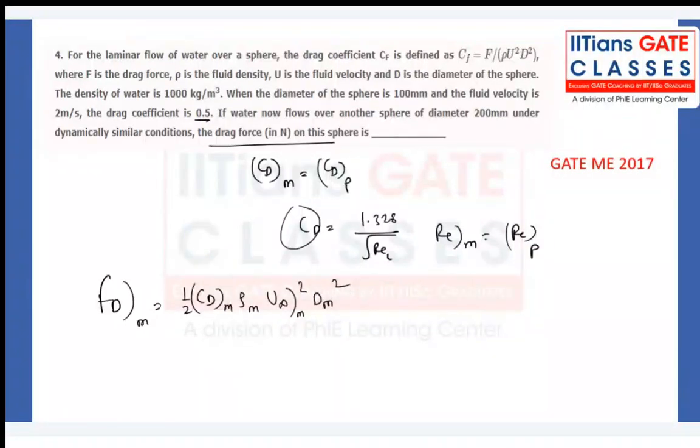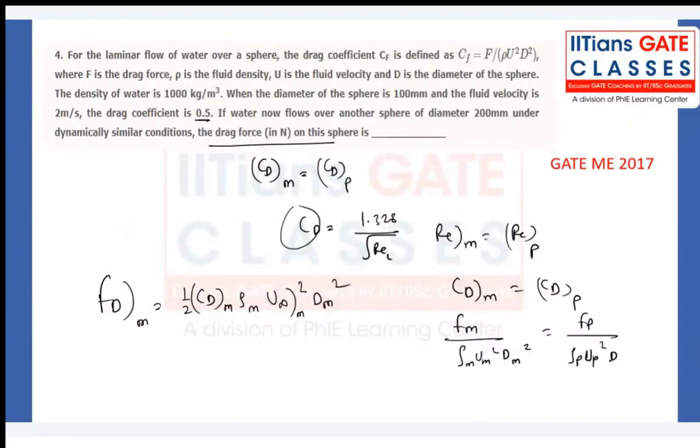Means area, whatever the area is. Or we can just equate CD of model to CD of prototype. So we can get F of model divided by rho m um square dm square, equals Fp by rho p up square dp square, and whatever they are asking you can calculate.